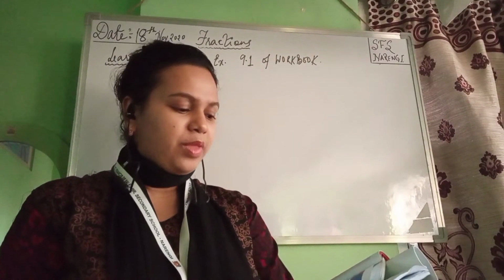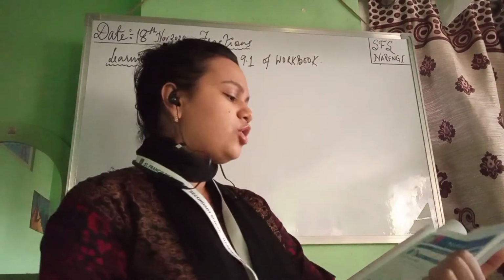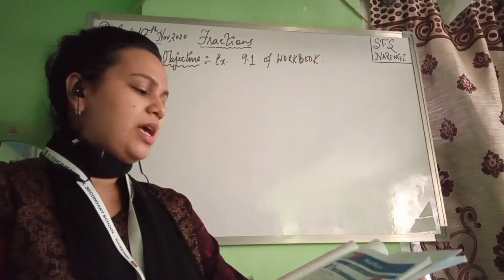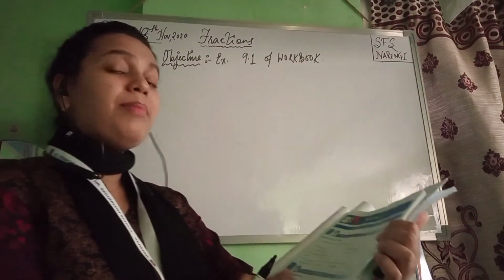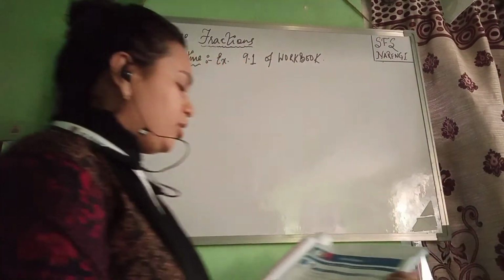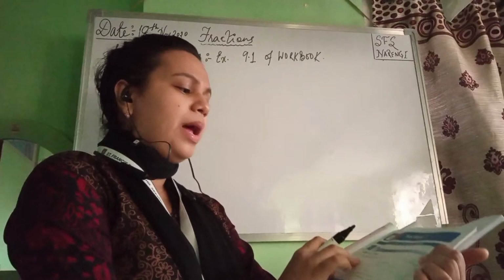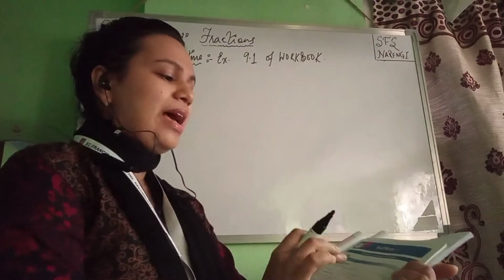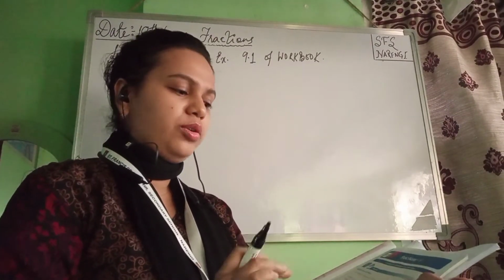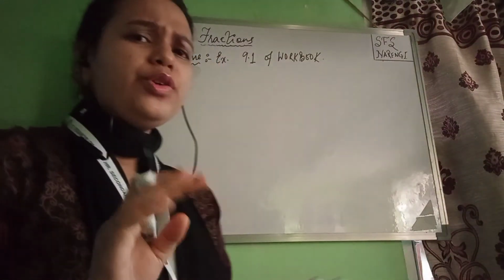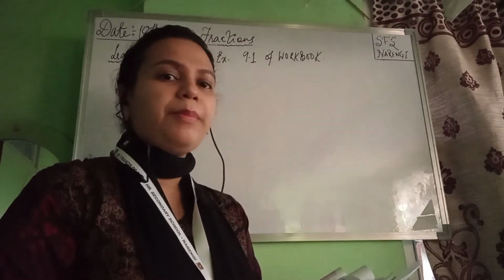All right, so you can see that your first question is a multiple choice question. In question number 1, it is written that the multiples of a number are obtained by dash 1, 2, 3 and so on. Do you remember, children, what a multiple of a number was?